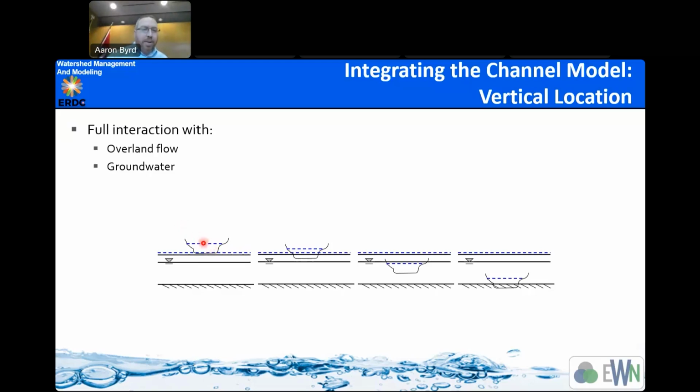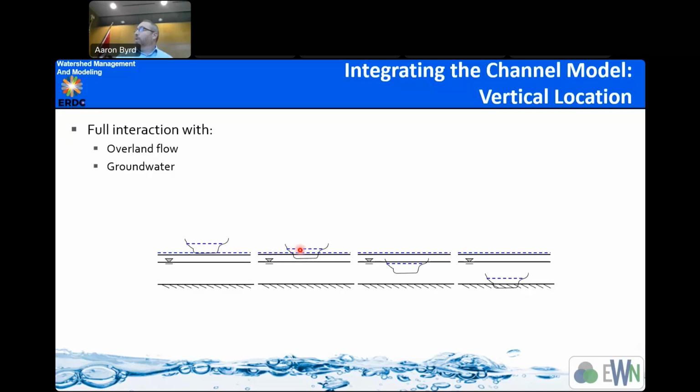Spill out, right? So you'll never get water really running through your channel here. Right here, the bottom of the channel is below the ground surface. The water in the channel is above the water in the overland, okay? If you have full interaction turned on, then this water will spill out into the overland.